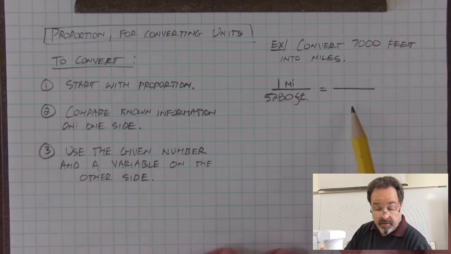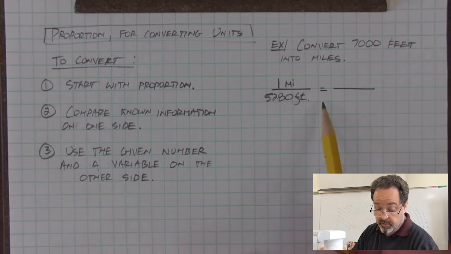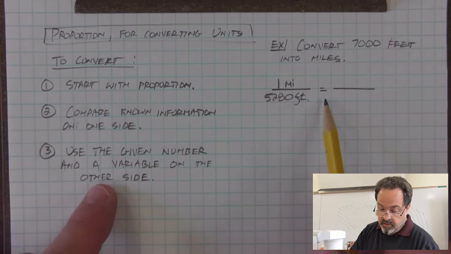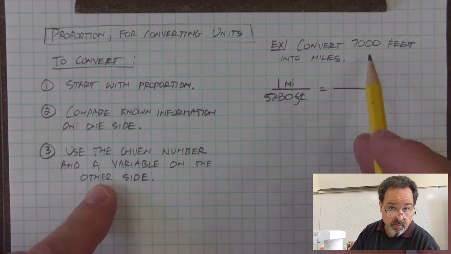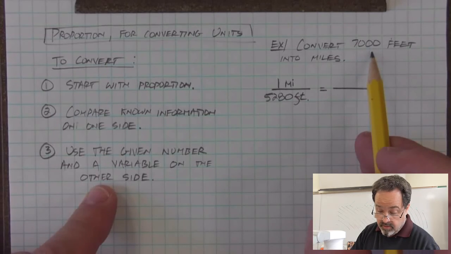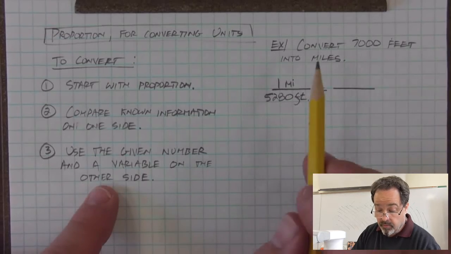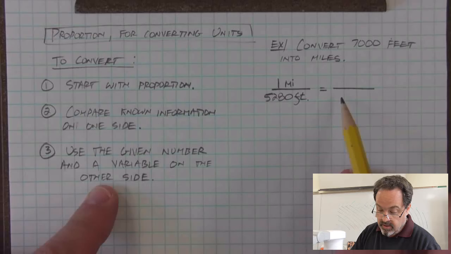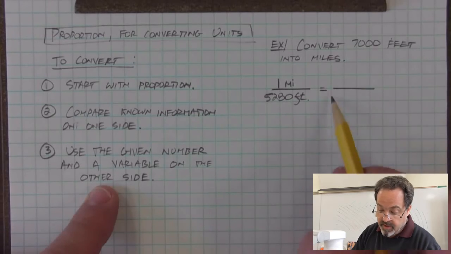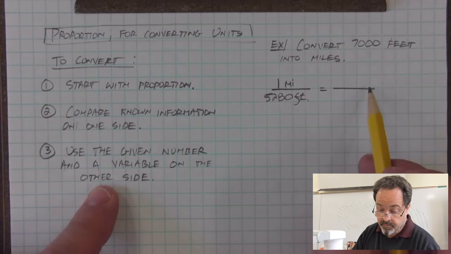We have a second fraction on the other side of this equation. The given number is the number in the problem, 7,000, and it's a measurement of feet. We're going to use a variable to represent the unknown amount of miles. And we're going to put that in this second fraction.